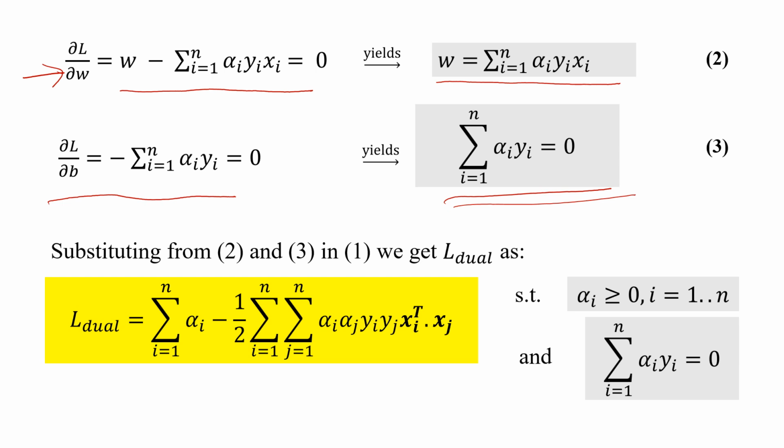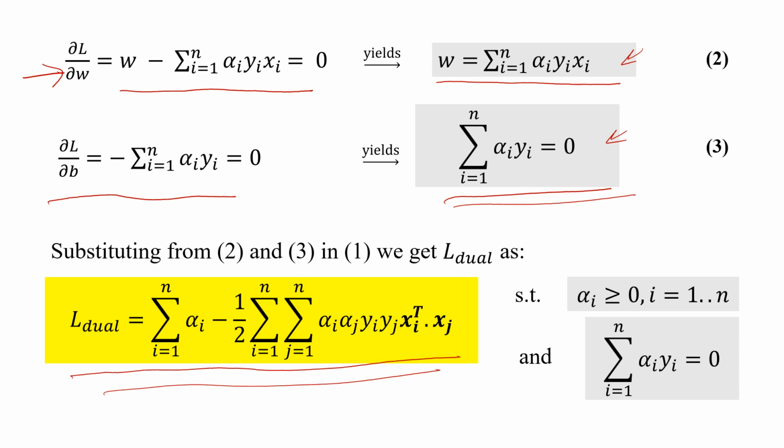When we plug these values of w and this equality into the function which we had obtained in the previous slide, we get the dual representation of the SVM optimization problem.